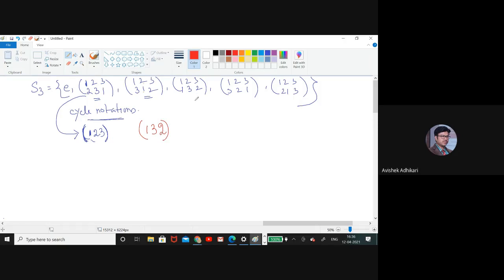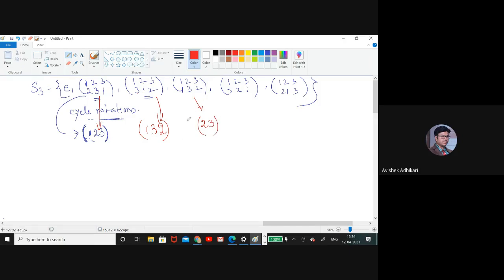Okay. Now what about this? So this is this and this is this. So 1 goes to 1. If the same element goes to the same element, you do not need to write it down. So 1 goes to 1 means you do not need to write. Just go to 2. Okay. Then 2 goes to 3. Okay. And then 3 goes to 2. Comes to the same element here.